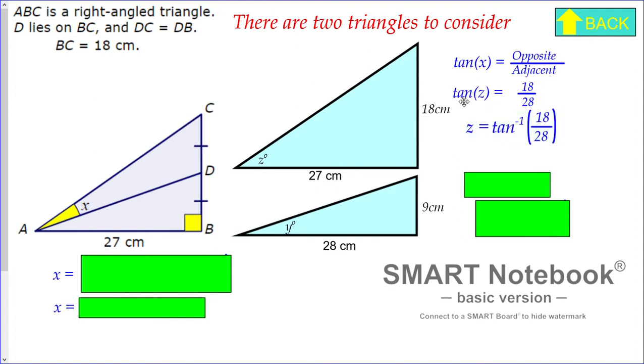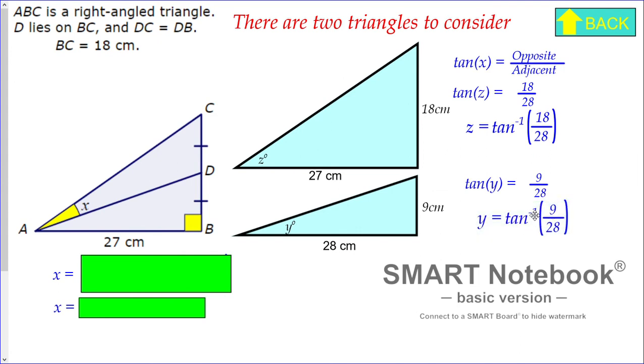When you want to rearrange this, you have to do the inverse of tan. 18 divided by 28. Shift tan in your calculator. I'm just going to leave it like that because I'm not going to round until the very end. This one's identical, except instead of 18 we have 9. So it's going to be the inverse tan of 9 over 28 this time.